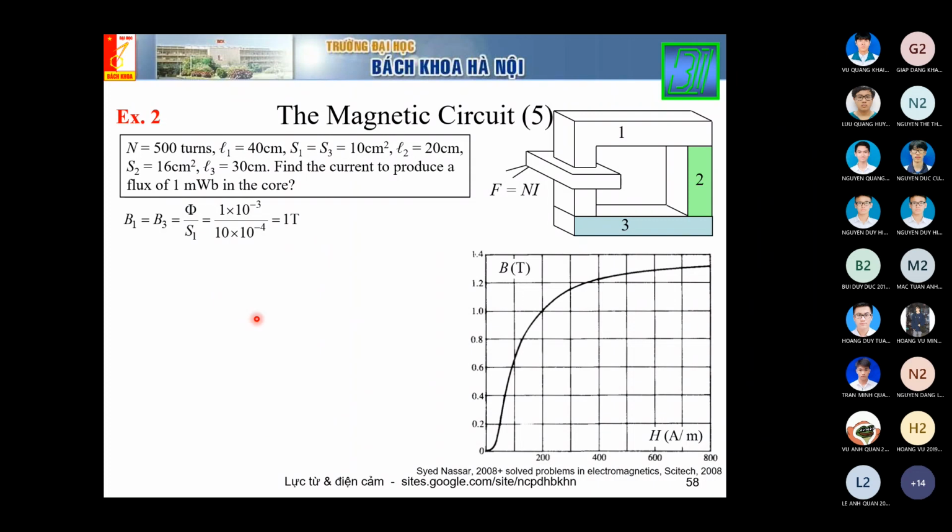And like the previous exercise, from this value of B1, we can find the corresponding H. According to this characteristic curve, we can find H1 and H3. Of course, they are the same.